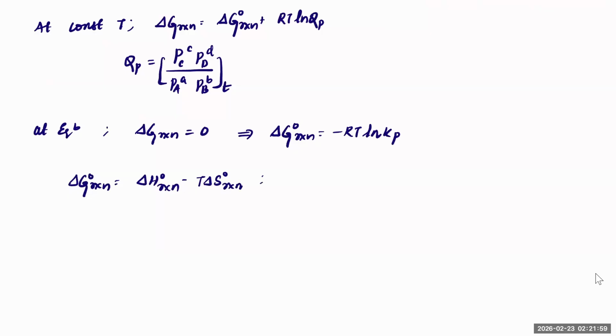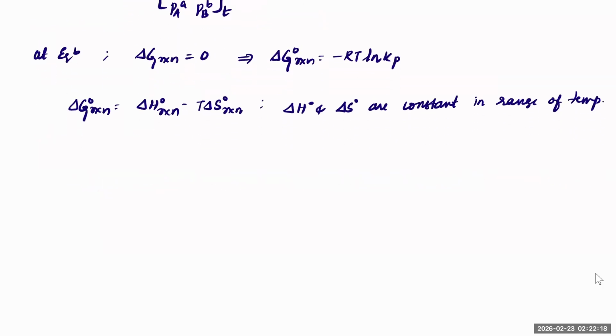We also know that delta G naught of the reaction can be represented in terms of the enthalpy change of the reaction minus T into the entropy change of the reaction. And delta H naught and delta S naught are constant values in the range of temperature. So even if the temperature is changing, the delta H naught and delta S naught values do not change.